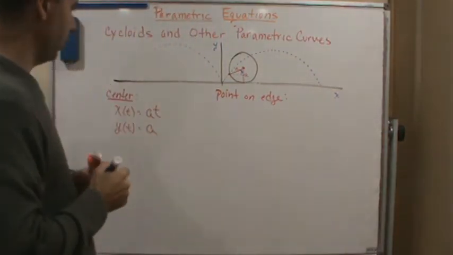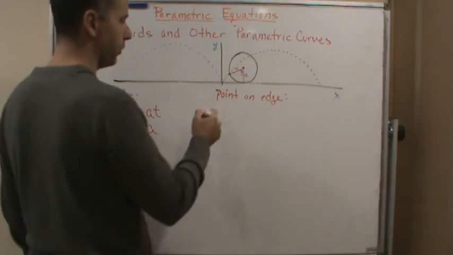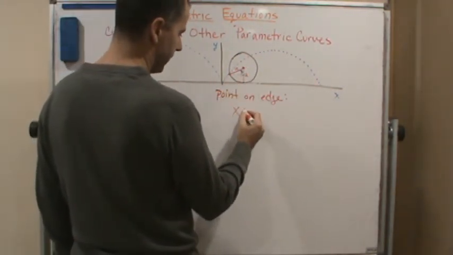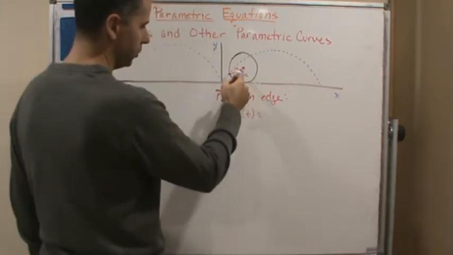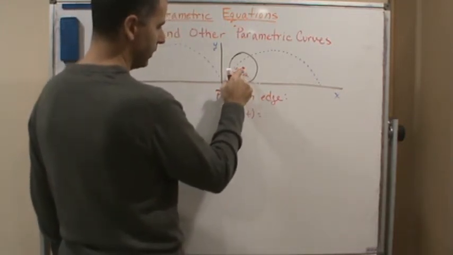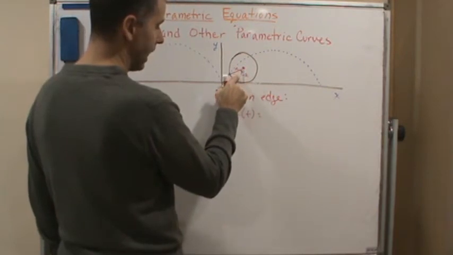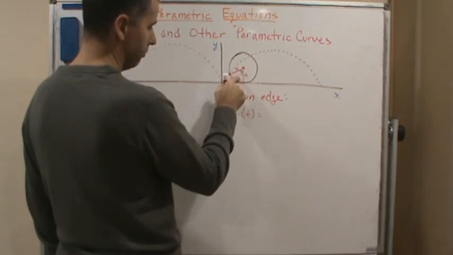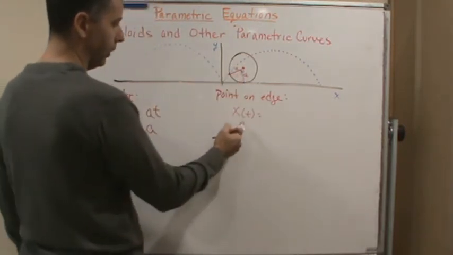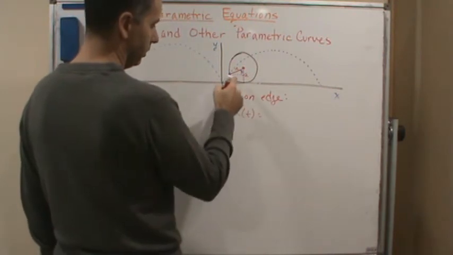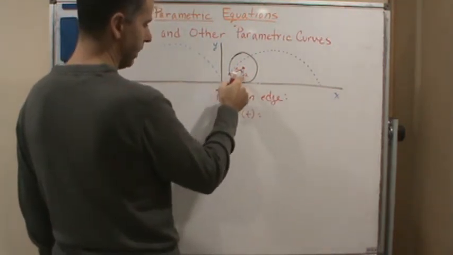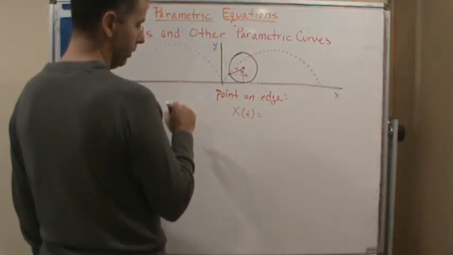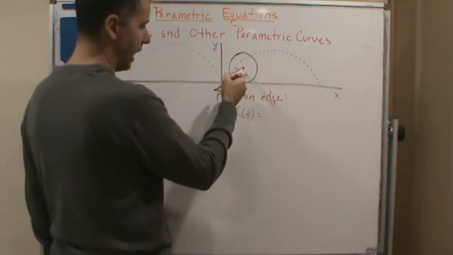So with respect to the center here, what's that going to be? Well, x of t, in this case, is going to be sine t. So this distance here, x of t, we're going to use sine of t.